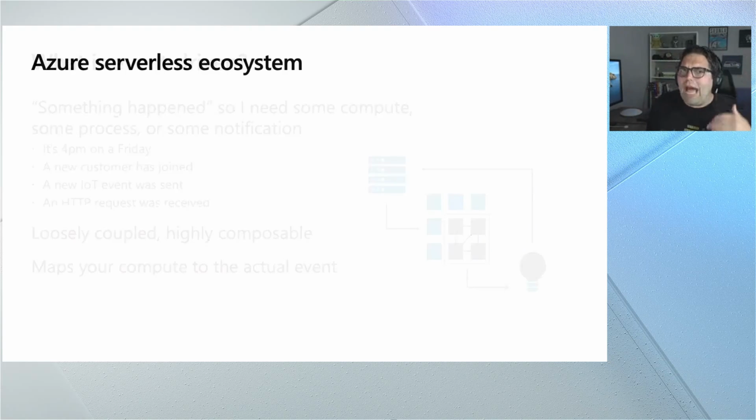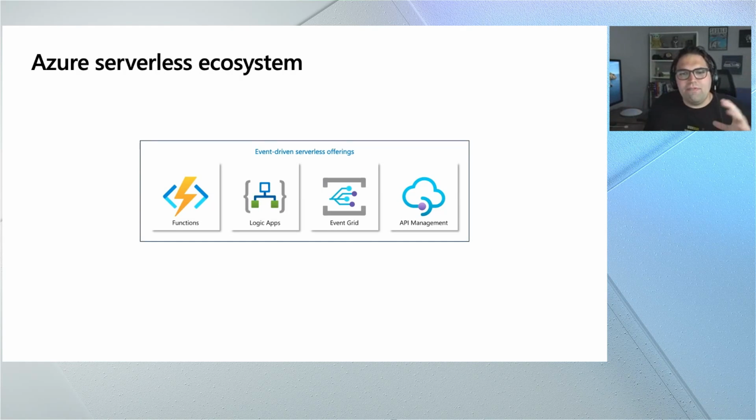So if we think about Azure specifically, there's a few key services that I want to highlight here for the rest of my presentation around these serverless event-driven applications. I've mentioned one a few times already, that's Azure Functions. This provides event-driven code that you could write in C#, Python, Java, JavaScript, really any language.